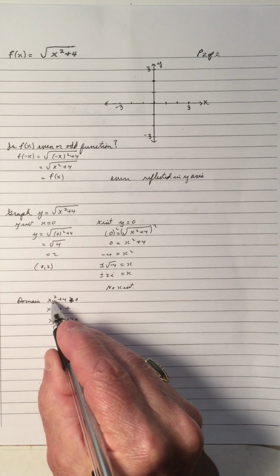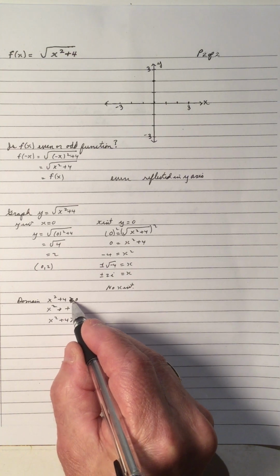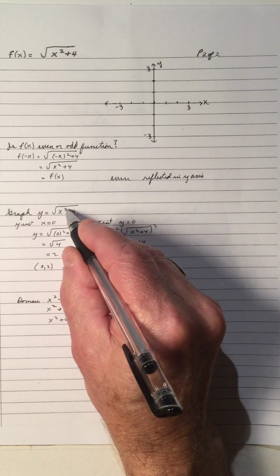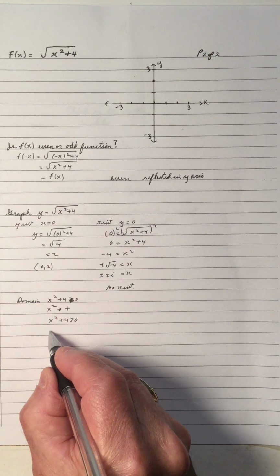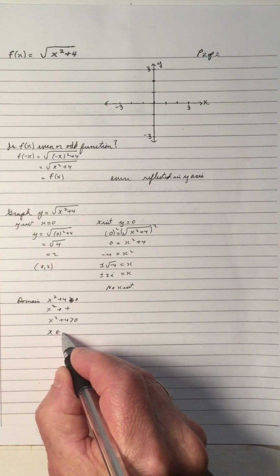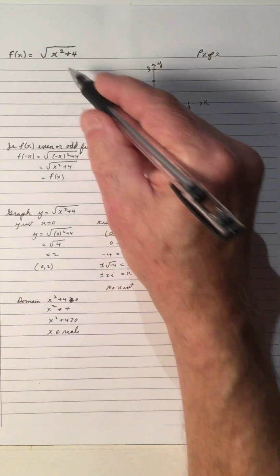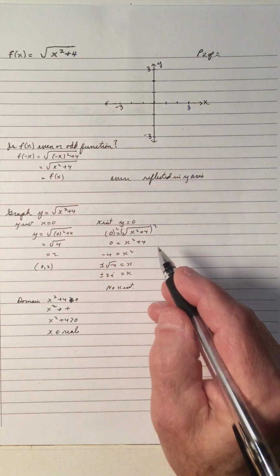If x squared is positive and you add 4 to it, it's still positive. So that means x belongs to the reals. All the values of x are going to fit into this equation because of the x squared. You can't get a negative.